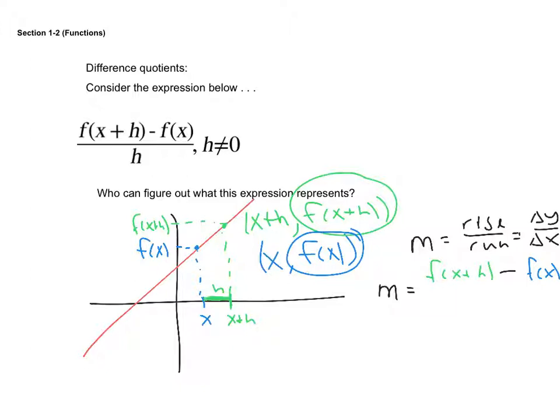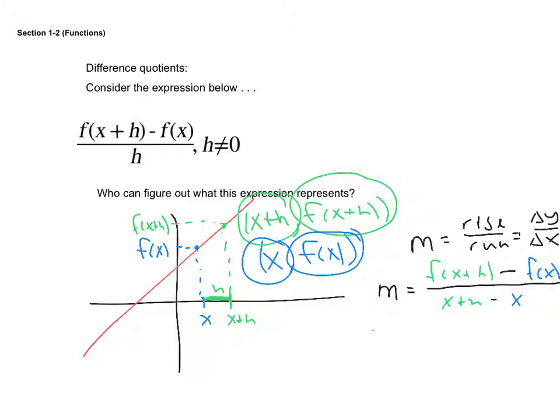Well, what is my change in x? Well, it's my x plus h minus x, right? Because this is my first x coordinate and this is my second x coordinate. So now all I need to do is simplify, and I can't simplify the top any.